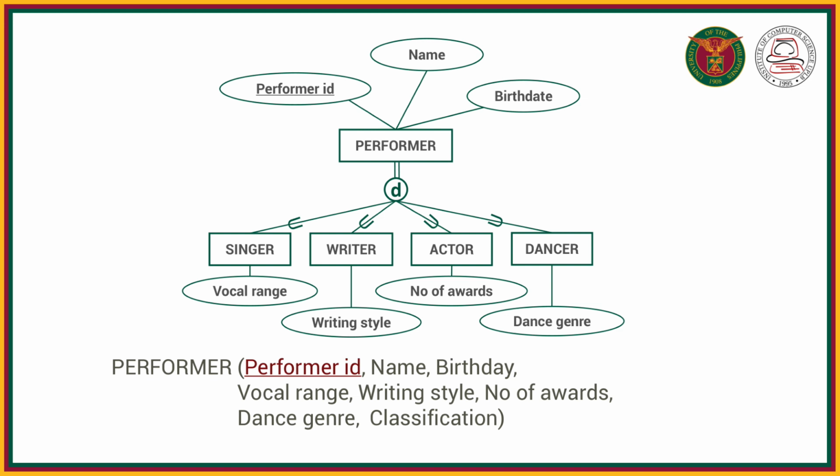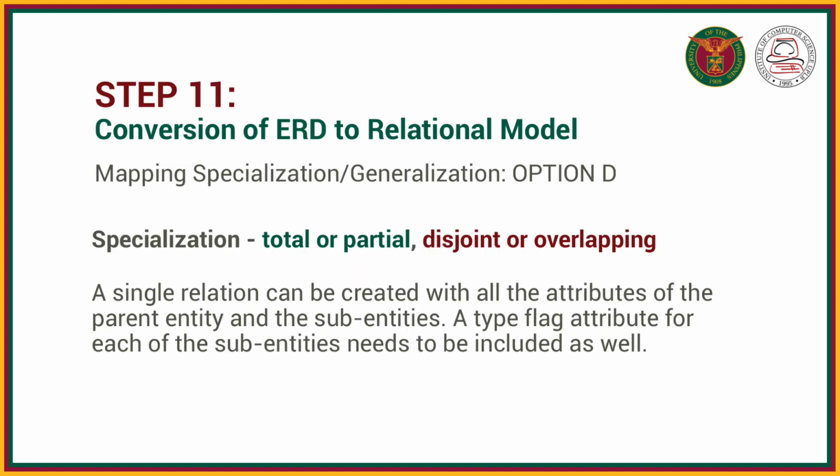Then, according to our rule, we add an attribute T, which corresponds to the attribute that discriminates the sub-entities. We need a way to know which subtype or subclass each performer belongs to. So in that case, we added classification as another attribute. This classification will be the discriminator, the attribute that will distinctly identify which subtype or subclass the performer belongs to.